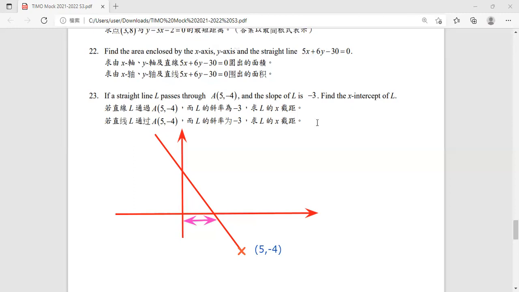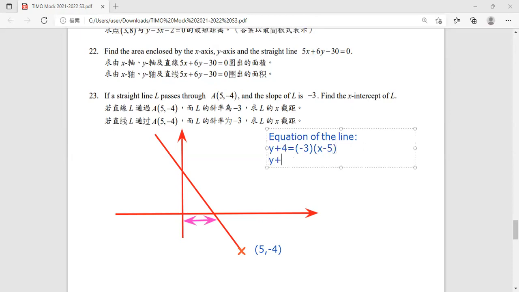Two ways of doing it. First, find the equation of L, for which I can use the point-slope form: y plus 4 equal to -3 times (x plus 5)... sorry, x minus 5.